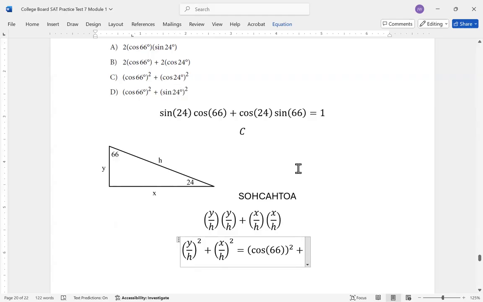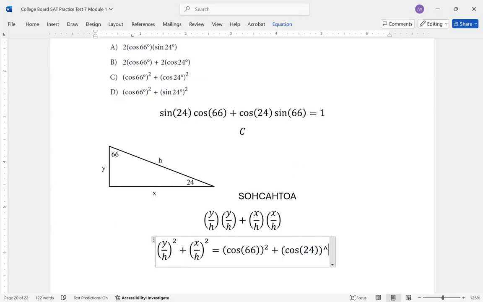Cosine of 24 is one of my options. So cosine of 24 quantity squared. So cosine of 66 squared plus cosine of 24 squared gives me also option C.